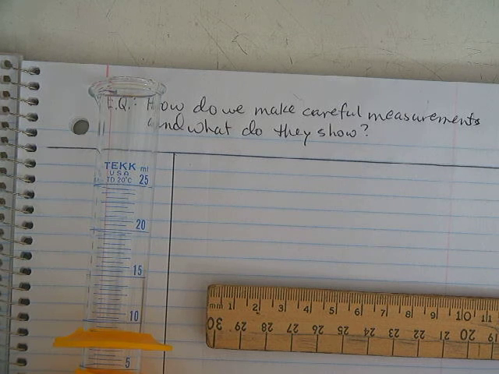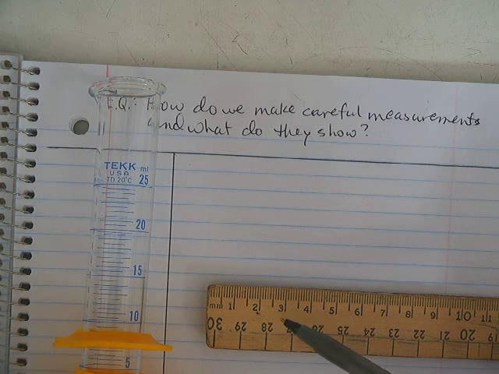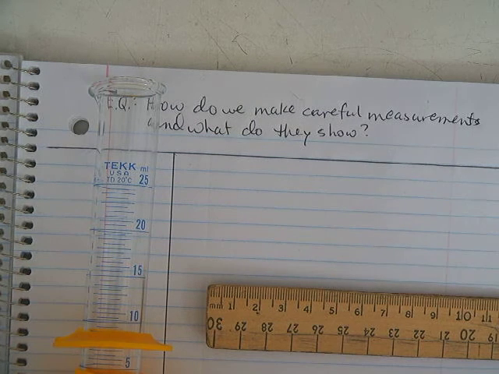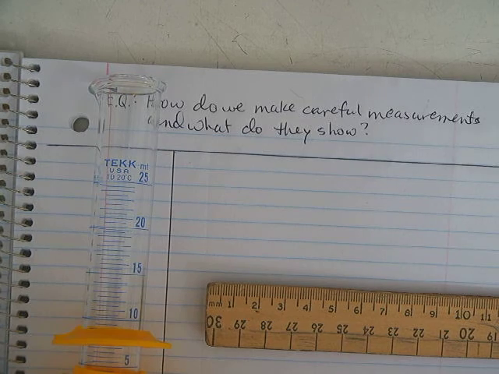And the way measurements work, we always measure to the last number that we actually know, and then we estimate the next number. So we will talk about both of these devices separately and how that works.